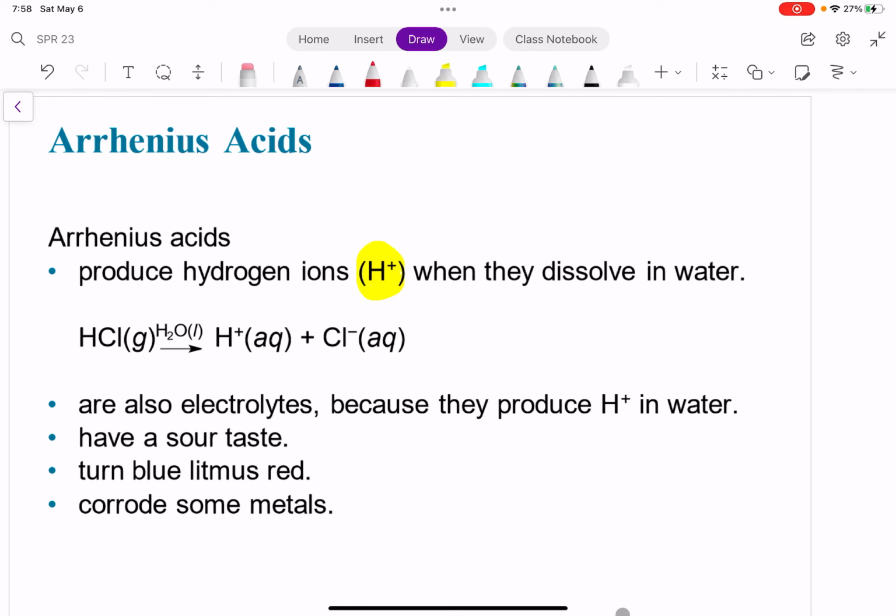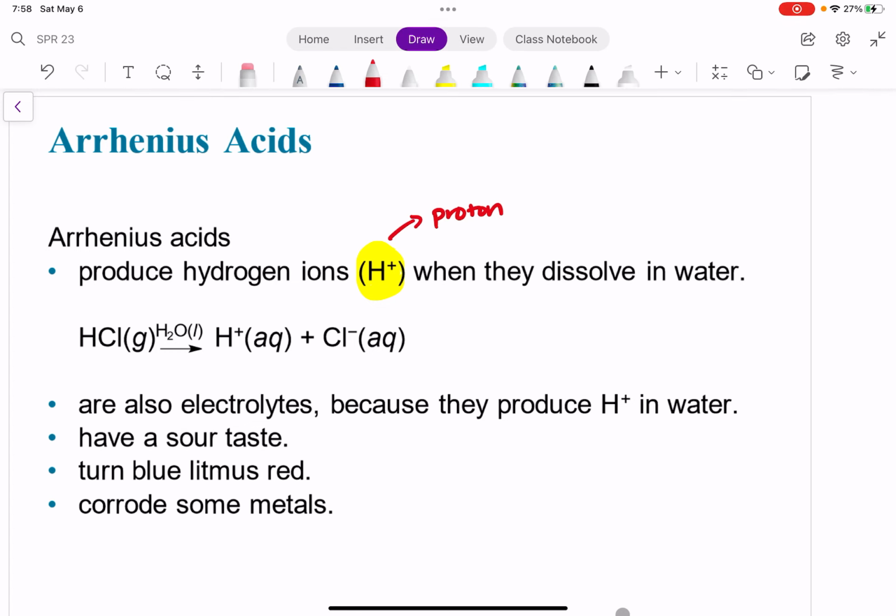What's interesting about hydrogen is sometimes you'll see this just written as a proton, because remember, hydrogen is atomic number 1, so it has 1 proton and 1 electron. When it loses 1 electron, what's left? Yeah, just a proton, right? So sometimes you'll hear H+ hydrogen ions described as a proton. I just wanted you to be familiar with that vocabulary a little bit.